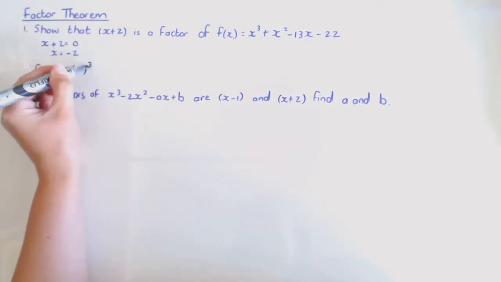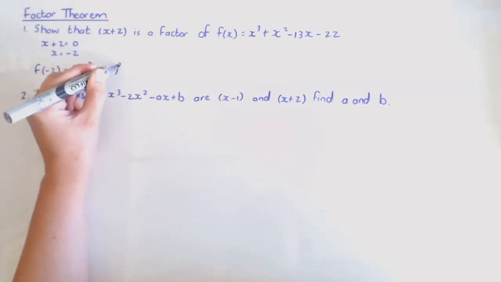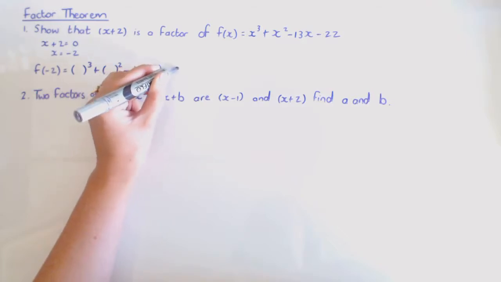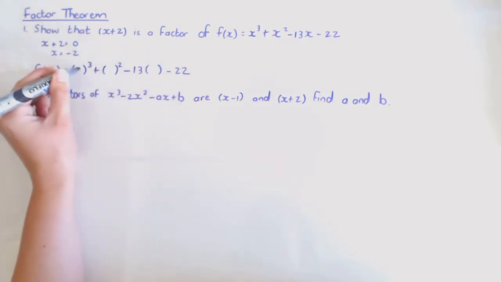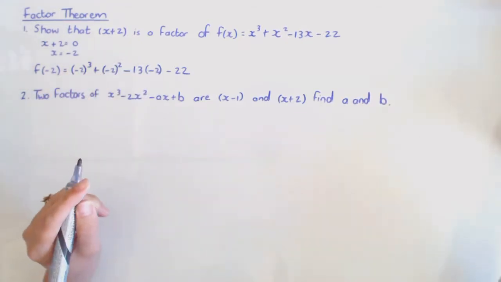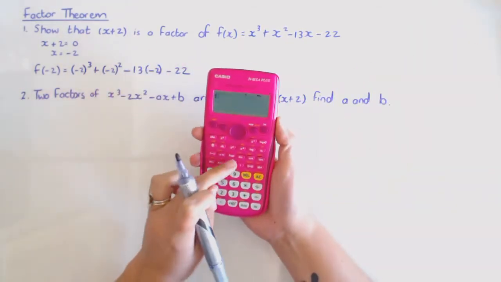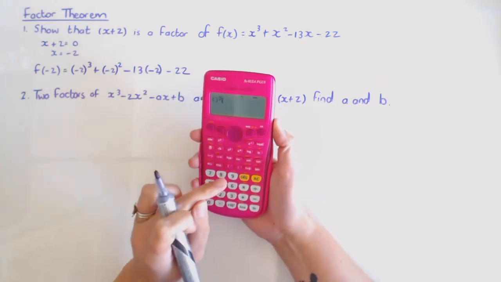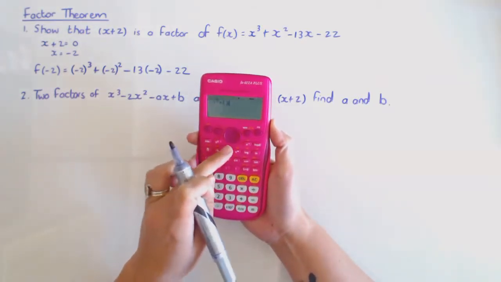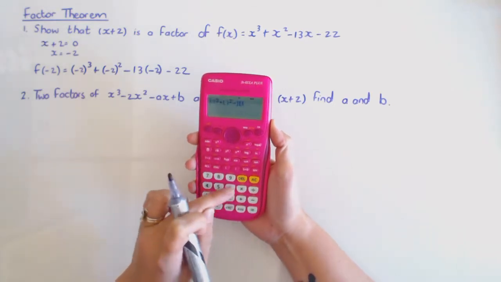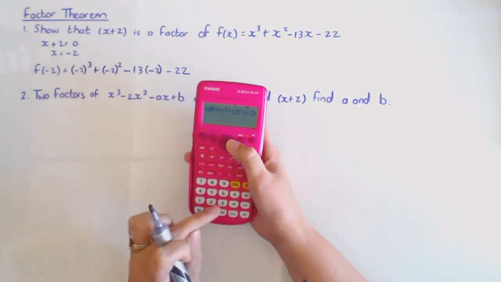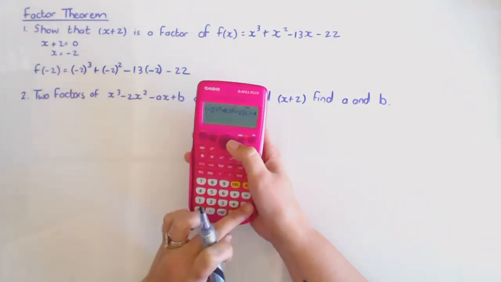I have x cubed plus x squared minus 13x minus 22. And if I substitute -2 in there, you can actually just use your calculator. So I have x cubed plus x squared minus 13x minus 22, and the x value currently is -2.